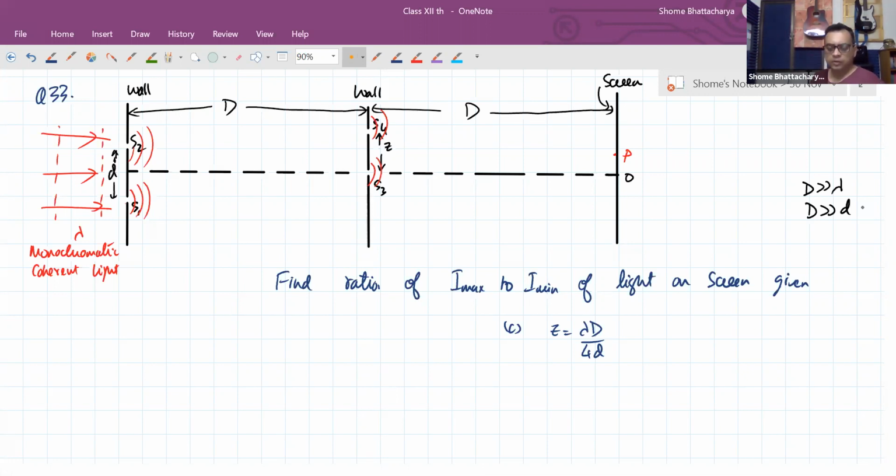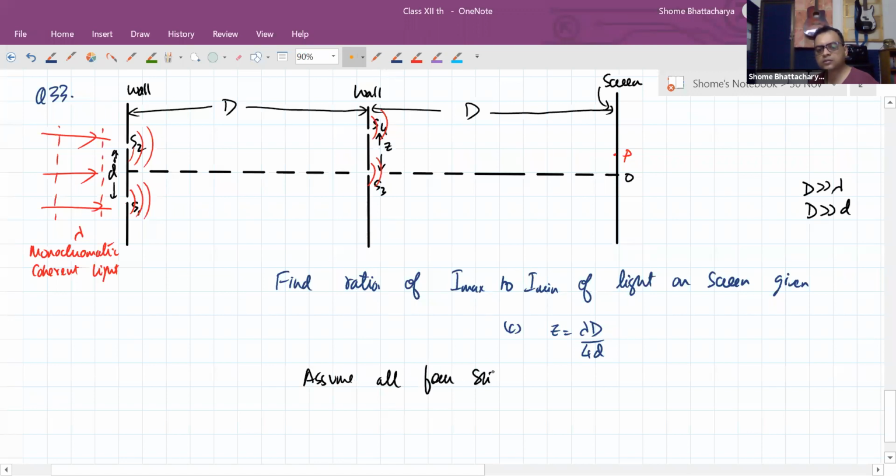So this is the thing. Now we also have to assume that S1 and S2 are slits of equal width. So all four slits actually. So we'll assume all four slits S1, S2, S3, and S4 are of identical slit width.